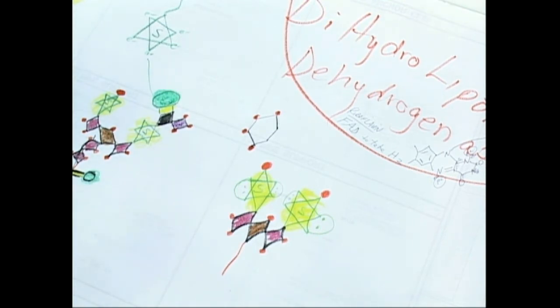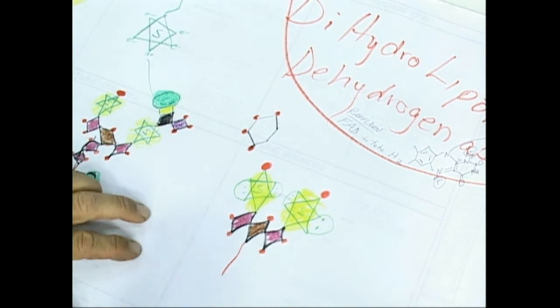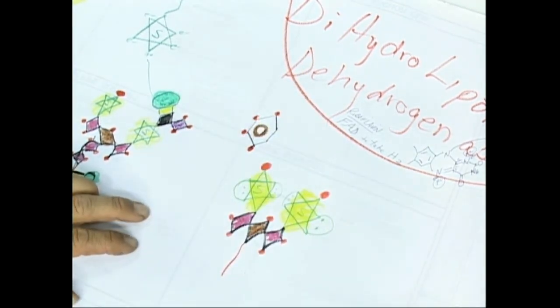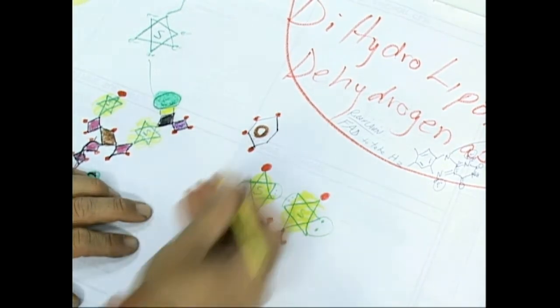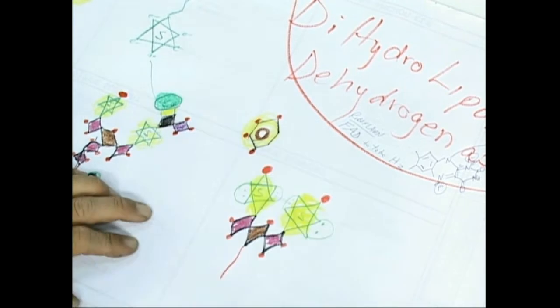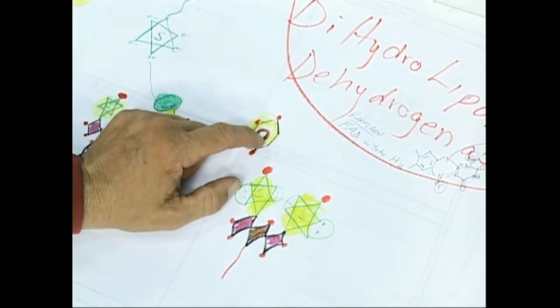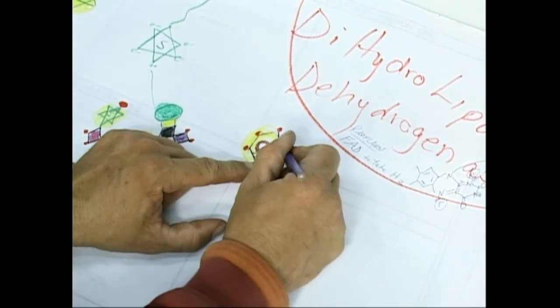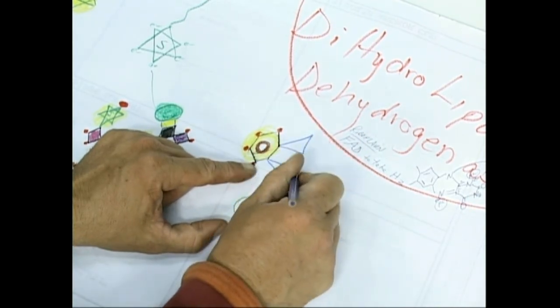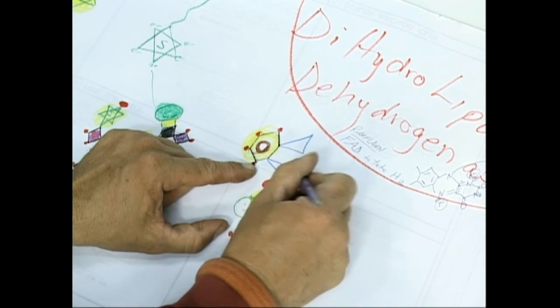So we took the brown, did the circle, and then we took the yellow to show that it was aromatic. Now these go to N's. So here's a N. There's an N. Make them right angles.